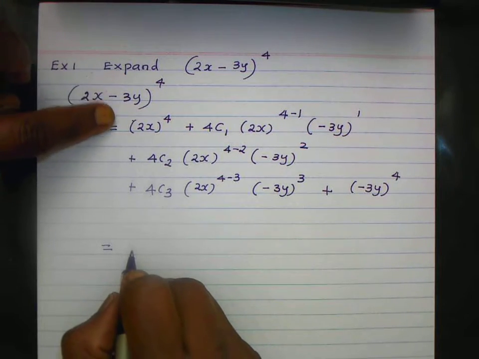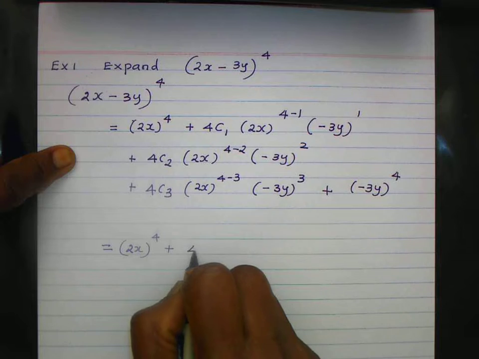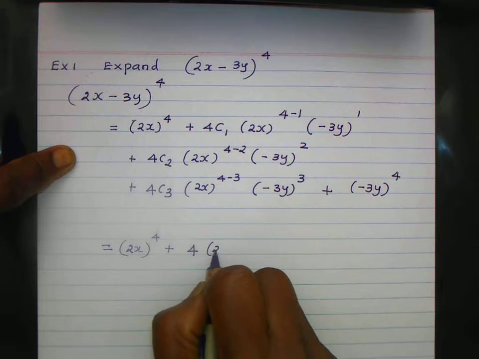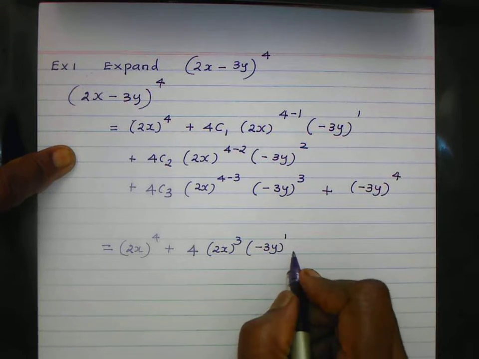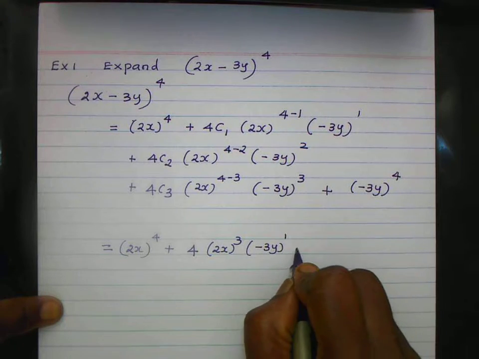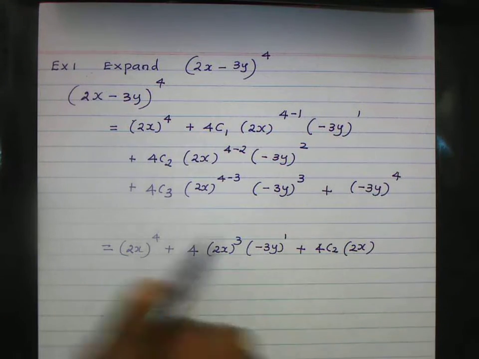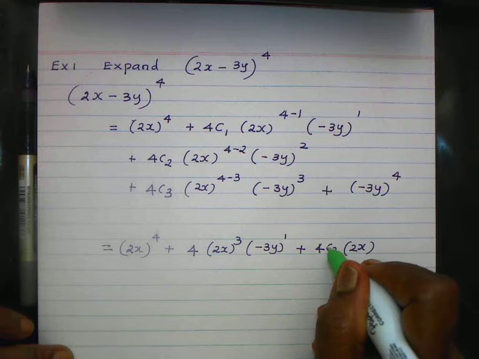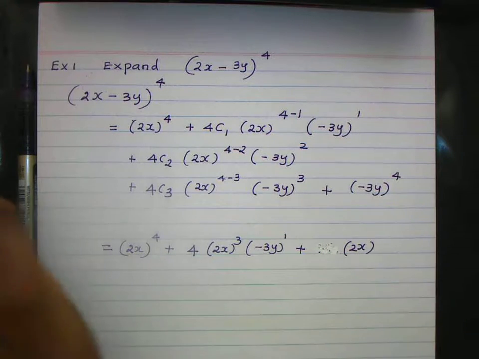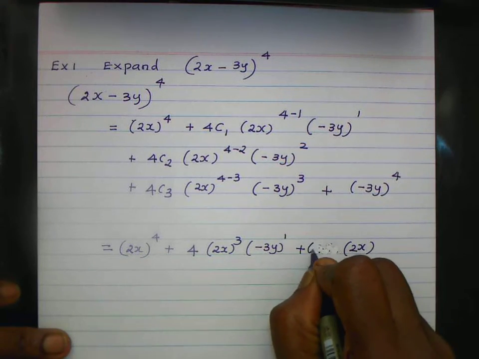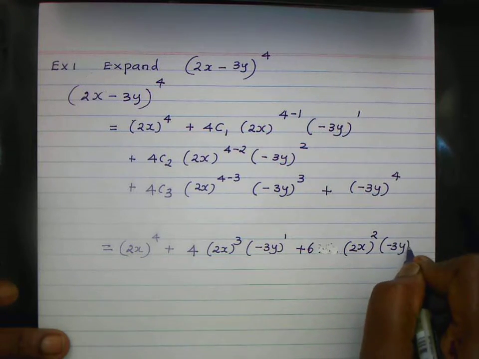We just write it in an easier way: (2x) to the power 4 plus 4C1, which is 4 using a calculator, times (2x) to the power 3 times (minus 3y) to the power 1, plus 4C2, which is 6, times (2x) squared times (minus 3y) squared.